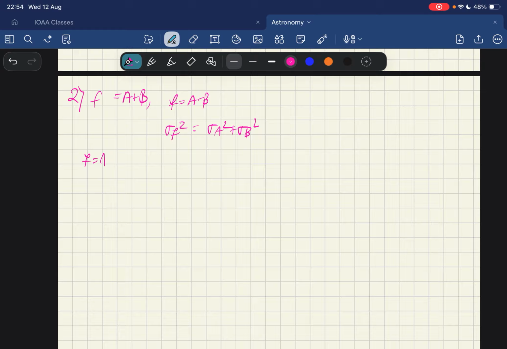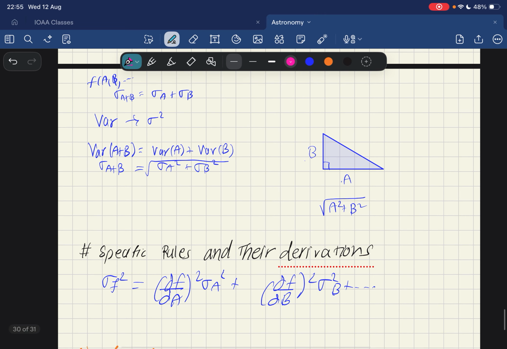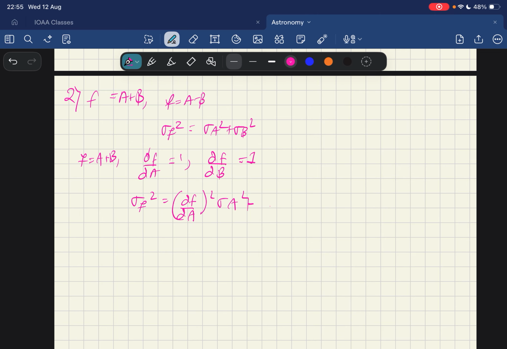For f equals a plus b, we have df by da equals 1 and df by db also equals 1, right? So we'll have sigma f squared equals what? We have this formula right here: (df by da) squared sigma a squared plus (del f by del b) squared sigma b squared. Okay, so del f by del a is 1, so sigma a squared plus sigma b squared.